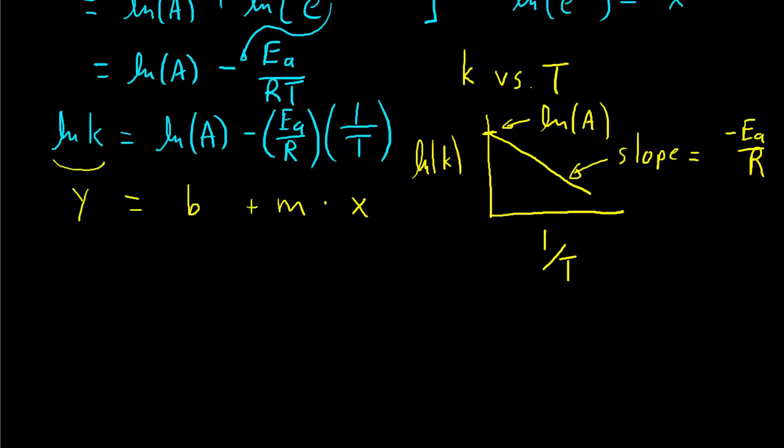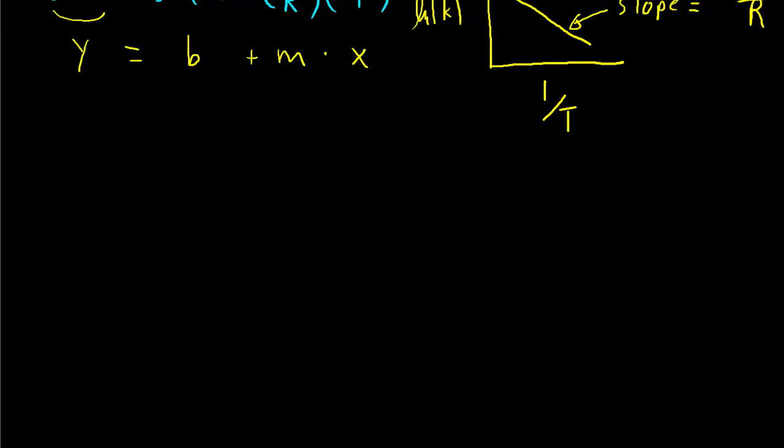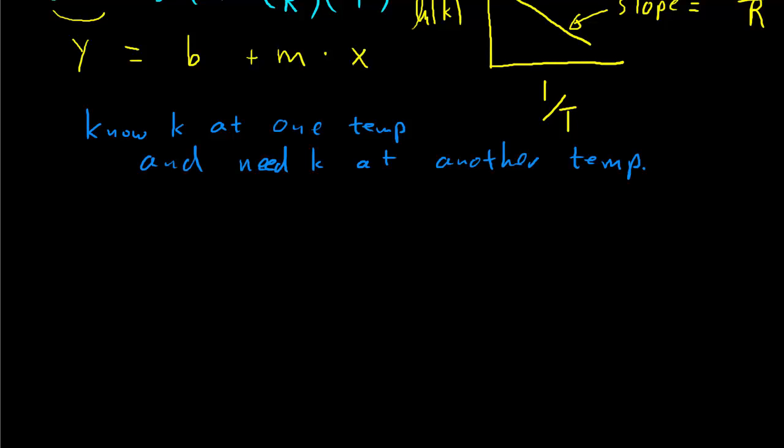There's another way of writing the Arrhenius equation that's also sometimes helpful, so I'm going to go ahead and write that down for you guys. This version of the Arrhenius equation is useful when you know k at one temperature, and you need to find the value of the rate constant at some other temperature. So here's a variation of the Arrhenius equation that would do that for you.